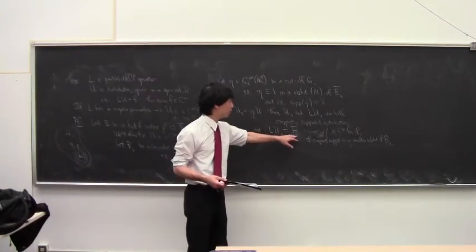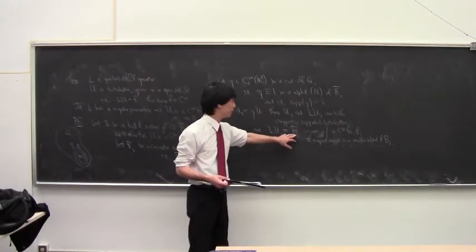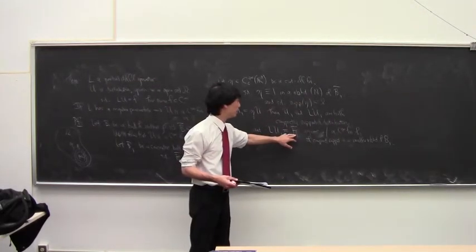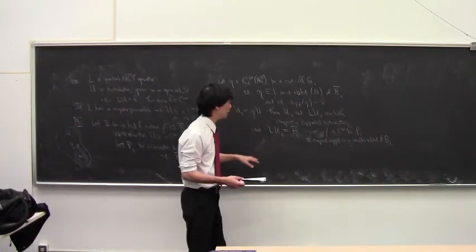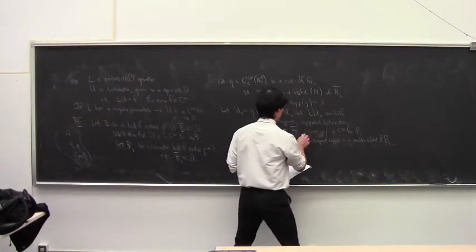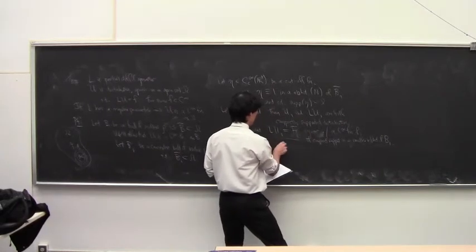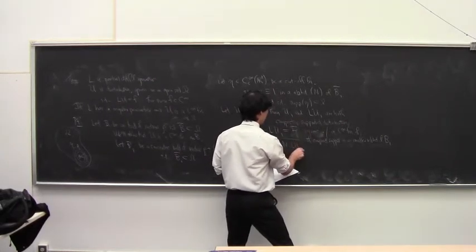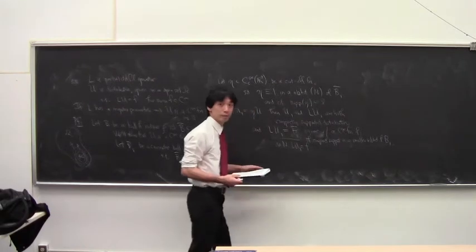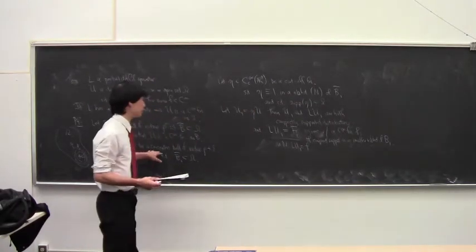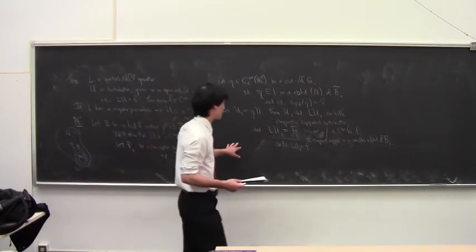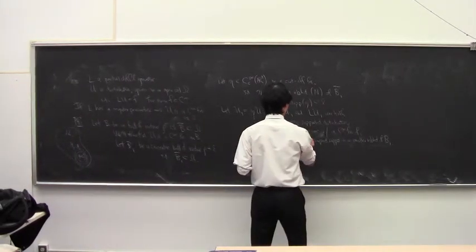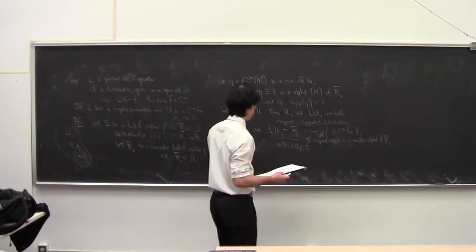L of U1 we call capital F1, right? That's on N. So on N, L U1 is equal to little f. Okay.